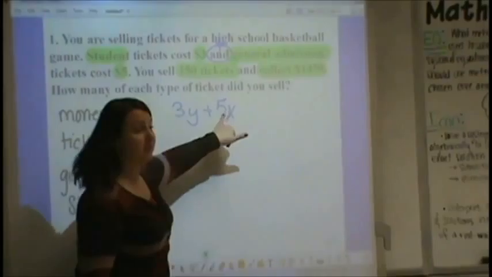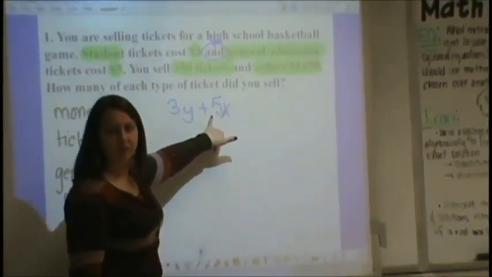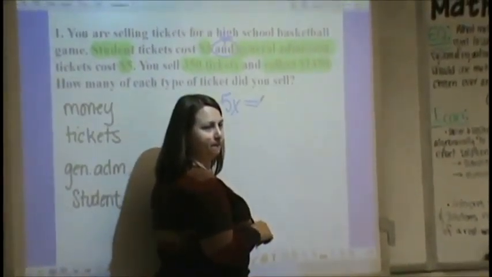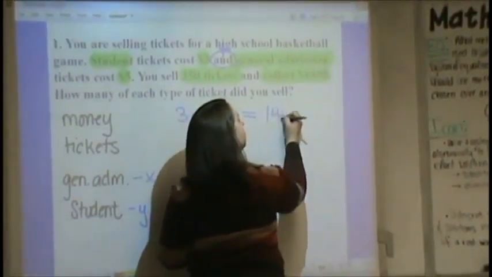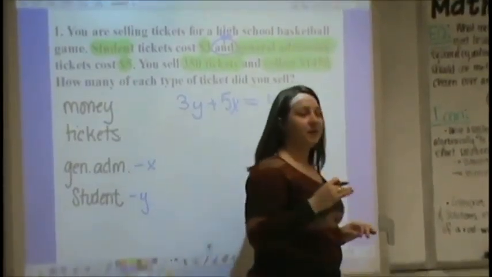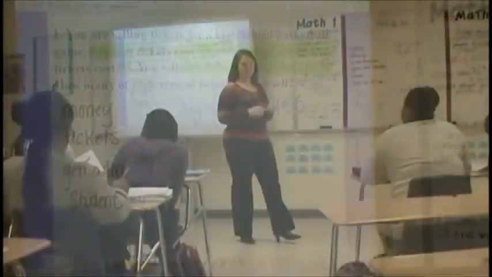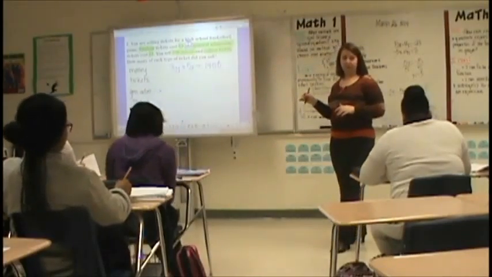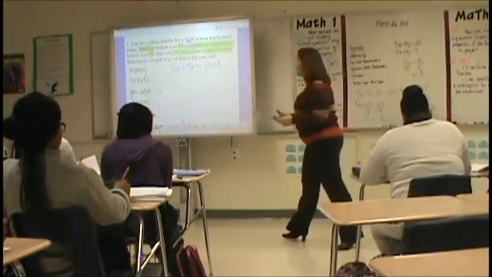So we're dealing with money, money. So what's it got to be equal to? Money. What's the other dollar sign up here? 1450. Guys, always, money goes with money. And they'll try to confuse you like that. That's why I left this up here.